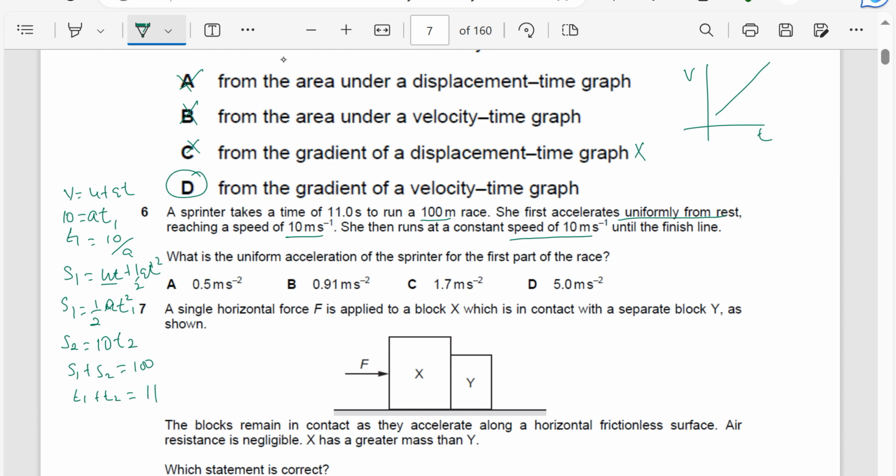So I will begin by combining the two equations, s1 plus s2. So 100 is equal to s1, which is 0.5 times acceleration times t1 squared, plus s2, which is 10 times t2.